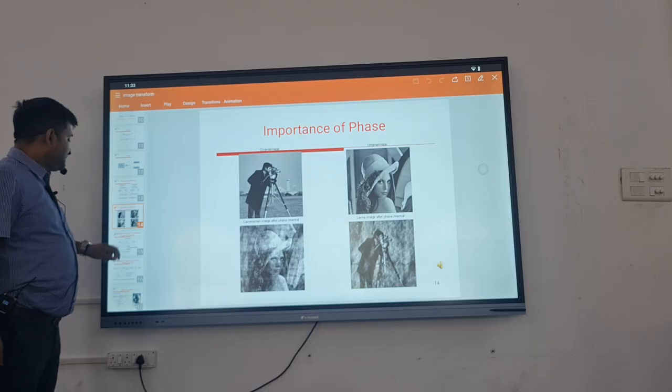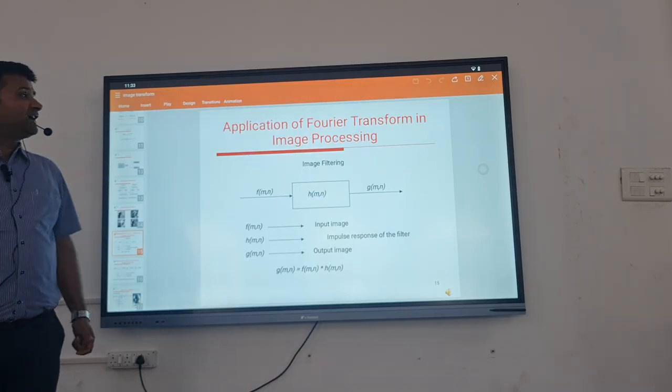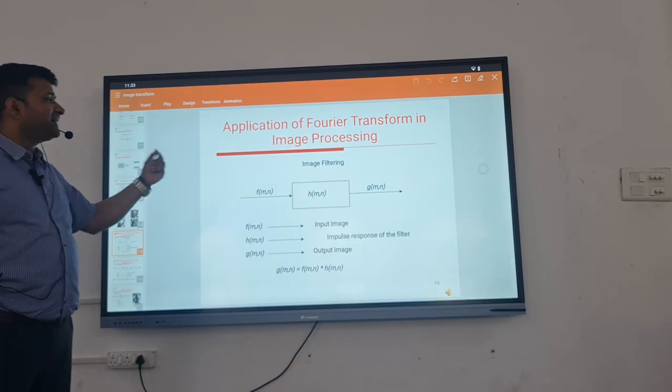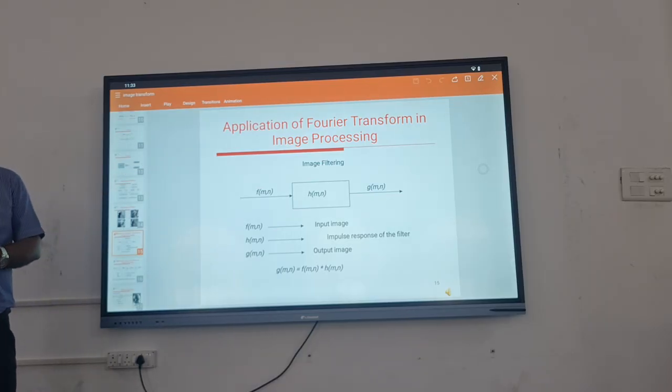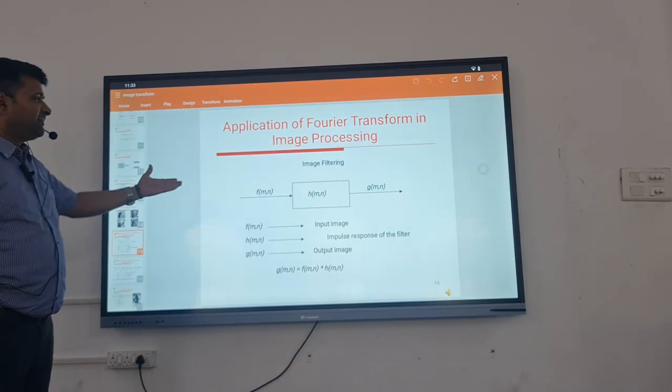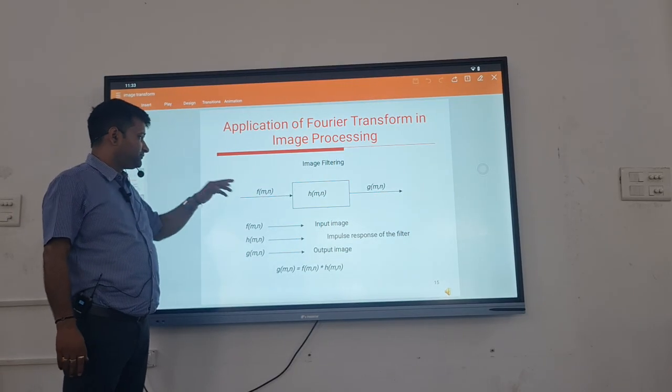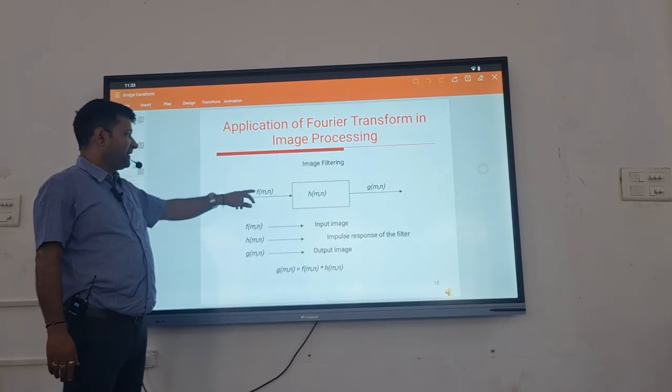Then the application of Fourier transform in image processing. In the previous lecture, I have discussed the basic application of image filtering. The basic image filtering we have used in this domain.